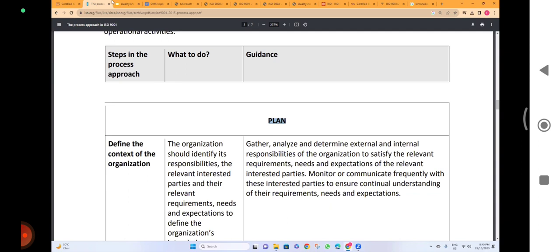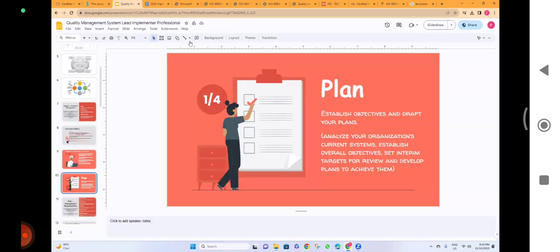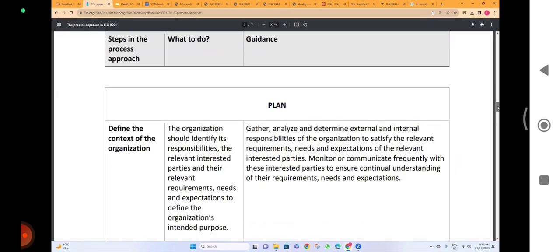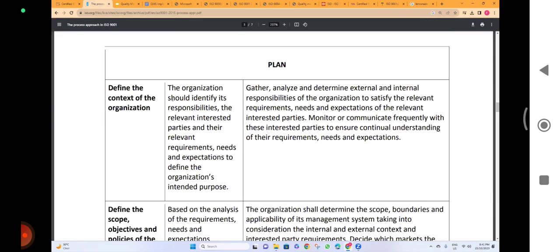Under plan, you should complete 8 of these 12 steps. So under plan, I'm going to show you the action to take, the expected results, the documented information to use, the common pitfalls, and the opportunities for improvement. So this is the guidance.